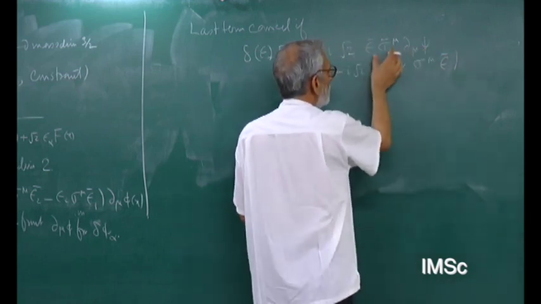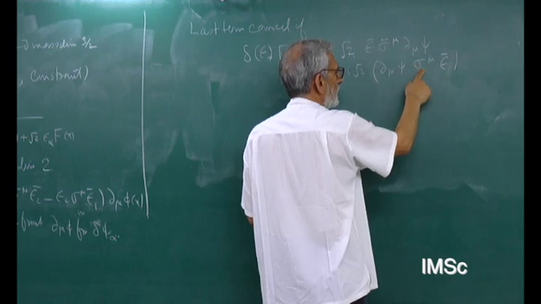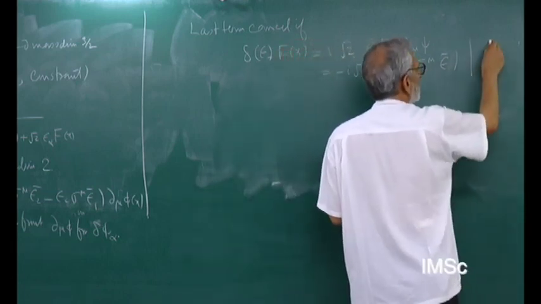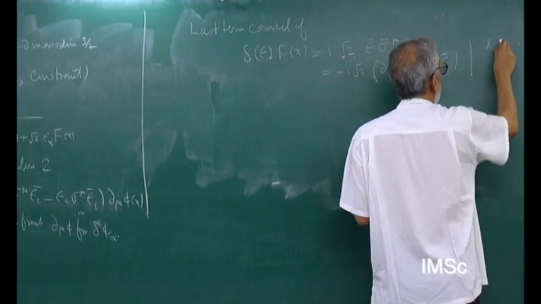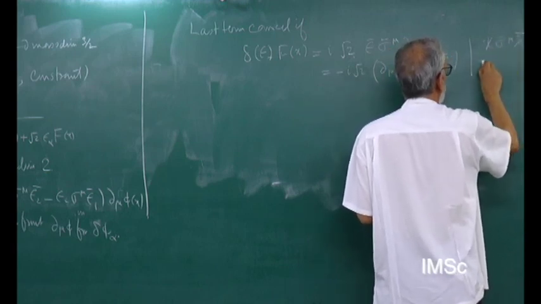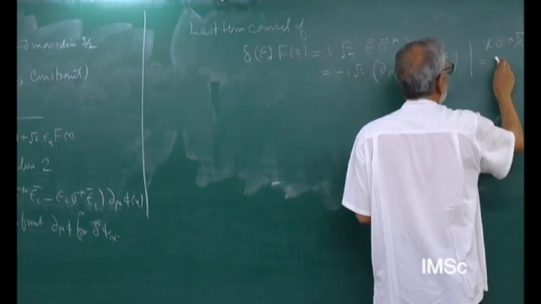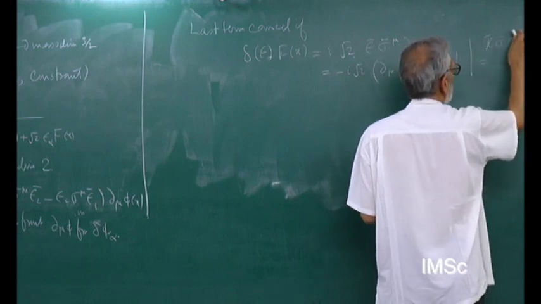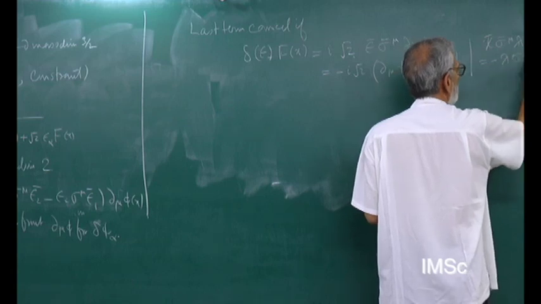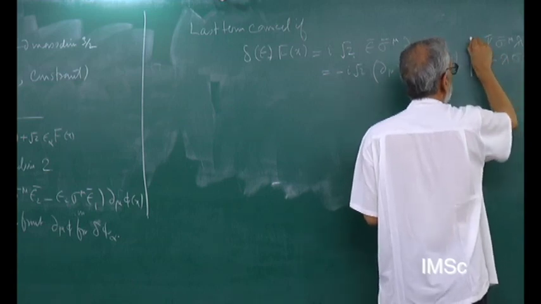You can interchange this and this, convert sigmas into unbarred and change the sign. And that is, for any fermion chi, chi sigma bar mu lambda bar is same as chi bar lambda, is same as minus lambda sigma mu chi bar.